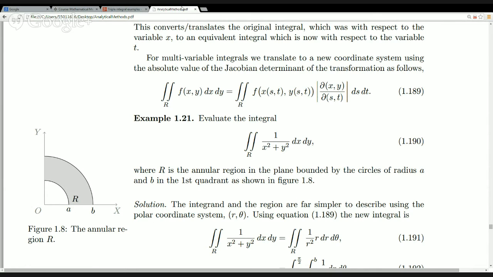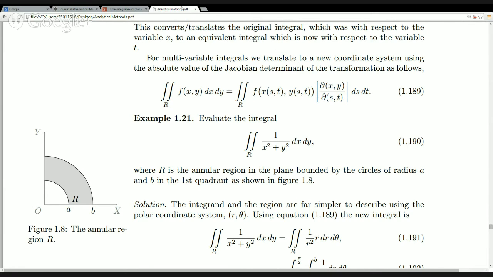So that looks like we've successfully translated it across into cylindrical coordinates. And it's all set to just do the evaluation. So you can leave the outer two integrals alone for the moment and just perform the inner integral.